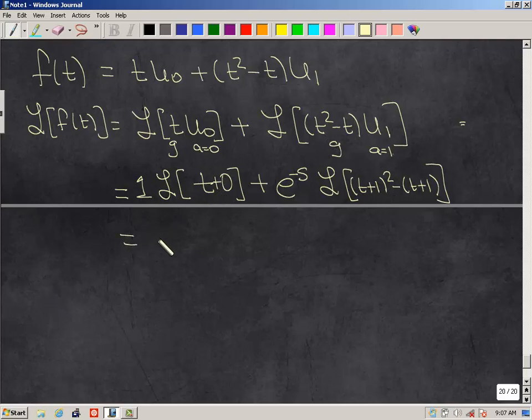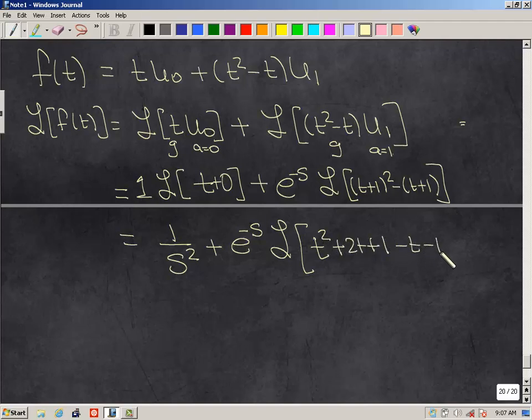So Laplace of t is 1 over s squared, plus e to the minus s times the Laplace of this. I'm going to expand it: t squared plus 2t plus 1 minus t minus 1. The 1's will cancel, and the t's combine to just a t.